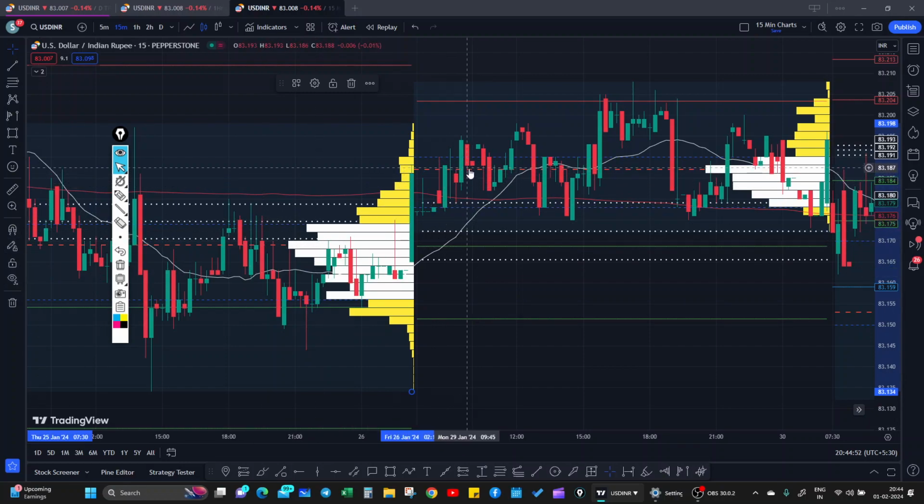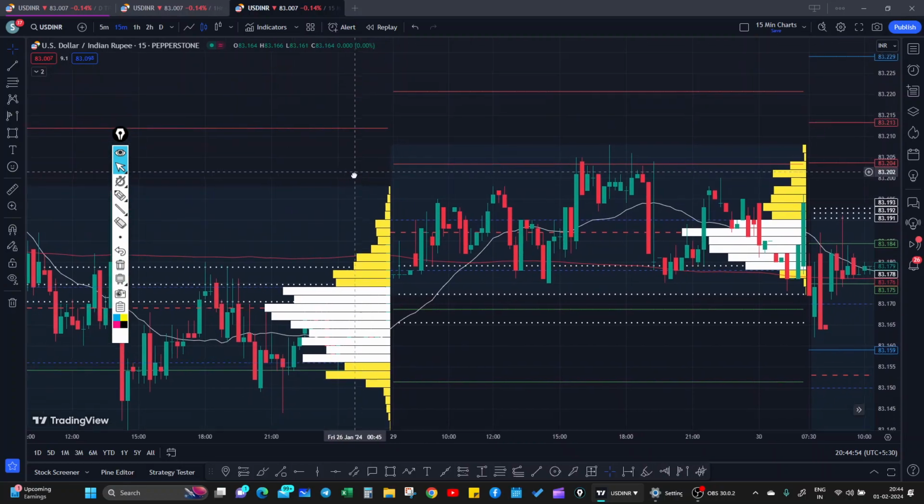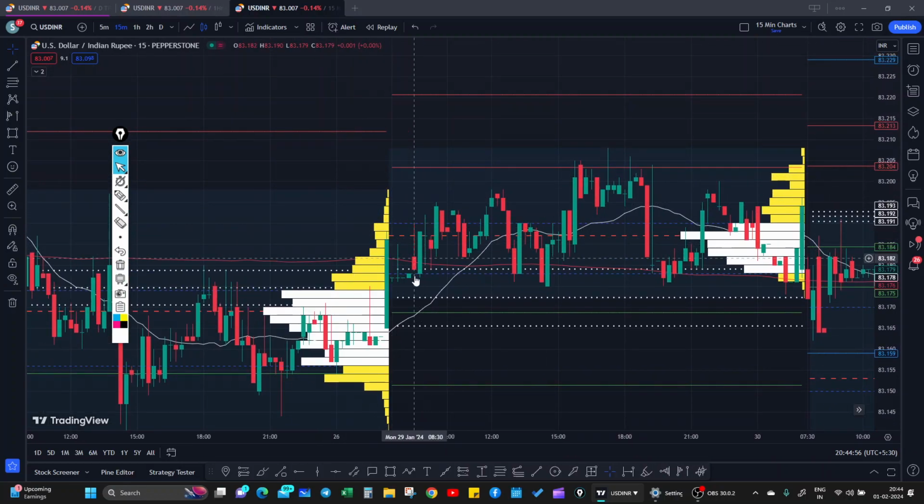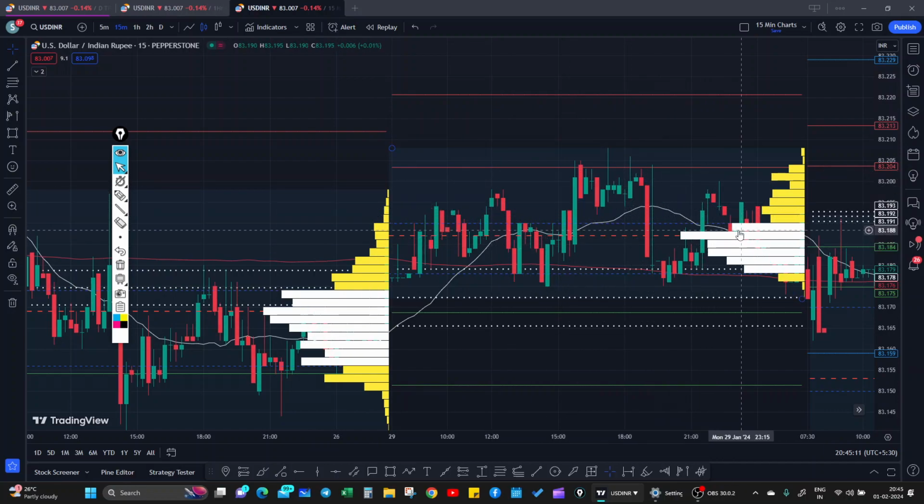This was the CPR here, and it didn't move much because this is a low volume area, right? There are not many volumes here, even though it moved from the high value area and went into a consolidation stage.